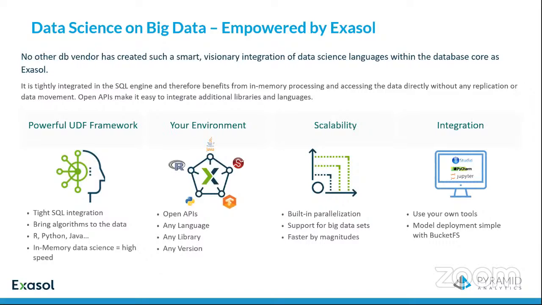We have customers that have created their own Go containers or C++ containers to work with these languages inside the database, and leverage the capabilities of the database in terms of the scalability and the parallelization of the whole thing without you as a developer having to think about that. These algorithms automatically are executed in parallel inside the database and thus provide much higher performance than they would if you had deployed them in an external box and run them there.